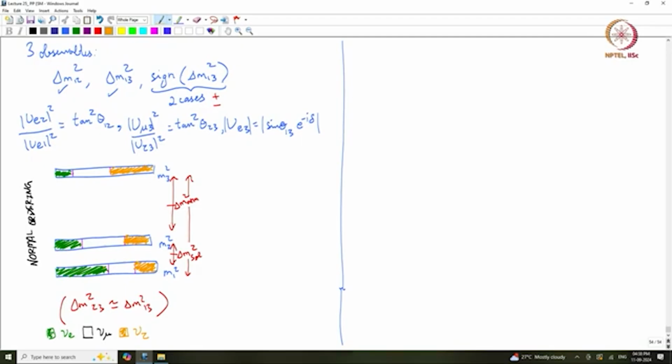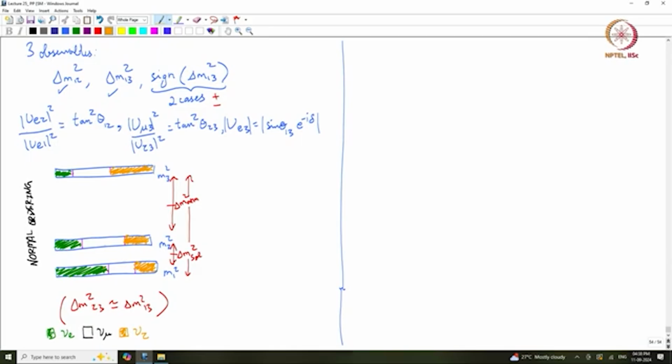But the same cannot be said for the other 2 eigenstates. In the second eigenstate m2, it is almost an equal admixture of all 3 flavors. And all one can say about m3 squared is that nu 3 has very little electron neutrino content, but has a large admixture of tau neutrino and muon neutrino content.